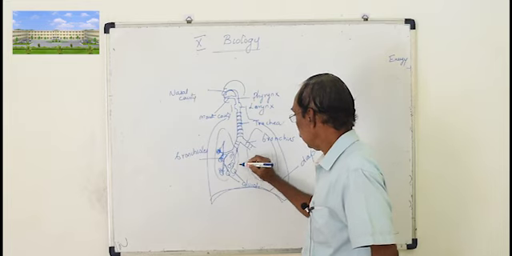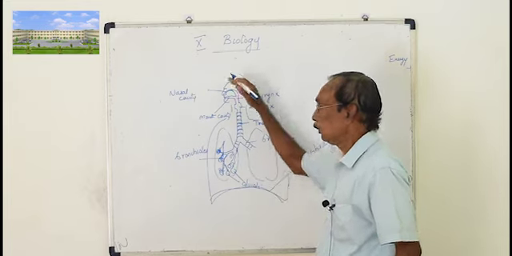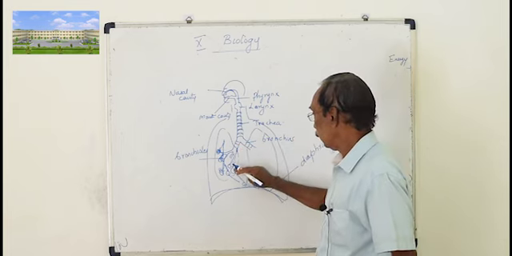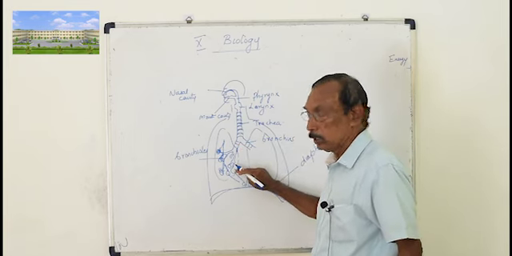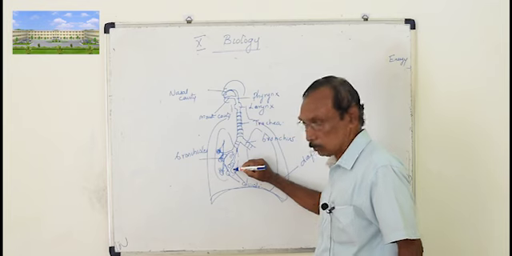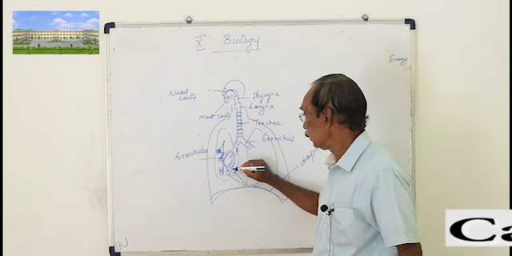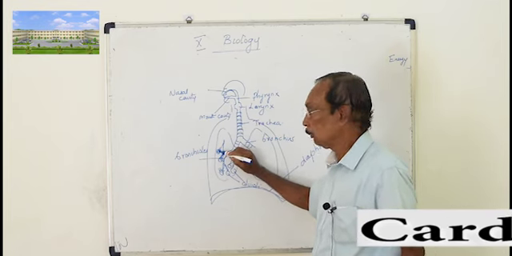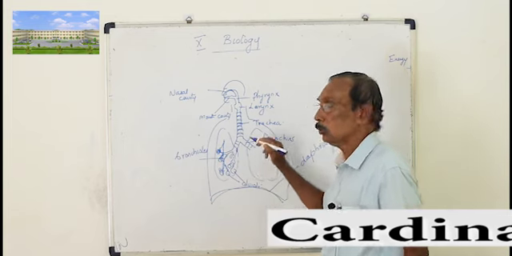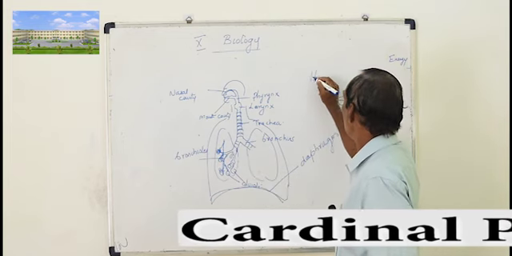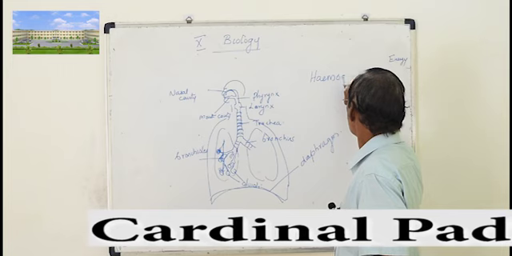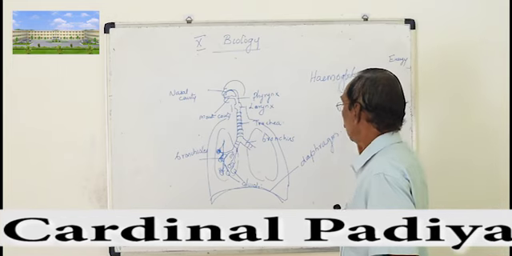When you breathe in, air will get in and finally come to the alveoli. The alveoli is surrounded by blood capillaries. The blood contains a chemical which we already know, hemoglobin.